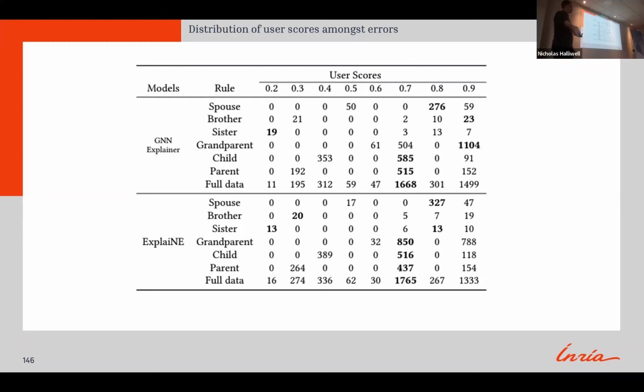And so we say, explaining on has grandparents made 850 errors on explanations with a user score of 0.7. What we can take away from this is that these models aren't attempting to predict the best explanations, rather they're predicting the explanations that have a score of 0.7, and that's because the majority of explanations have a user score of 0.7.